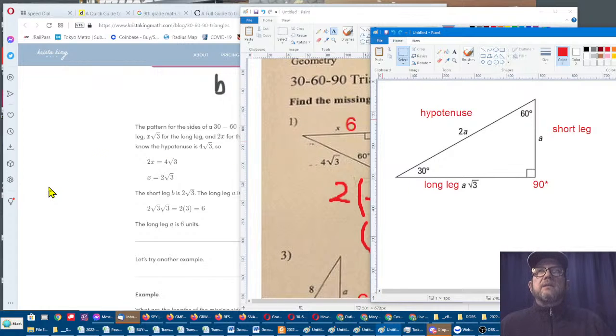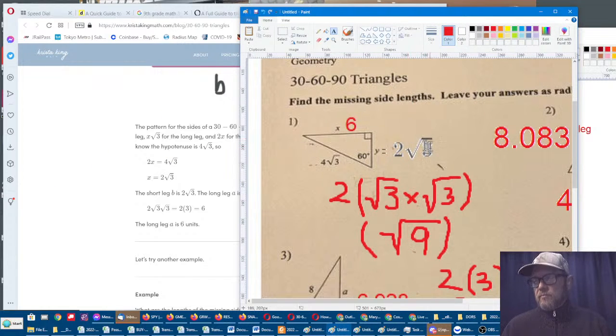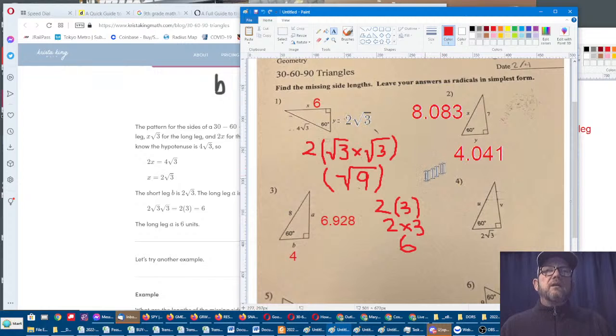I hope that makes sense. And let me draw another line so I can keep things separated.